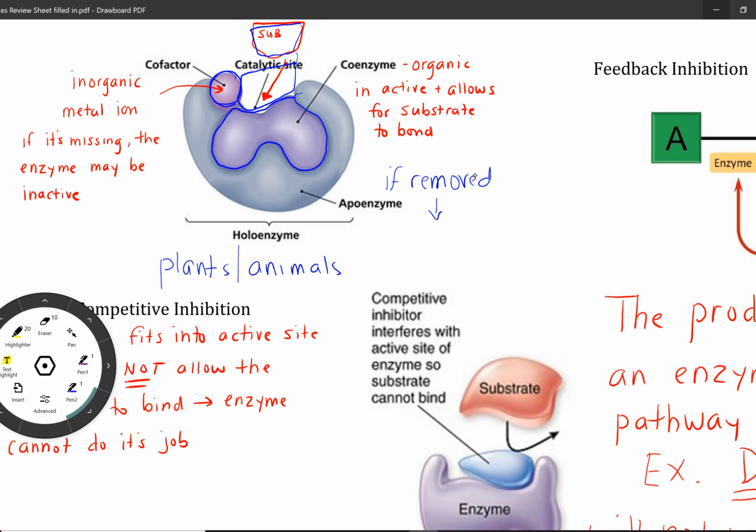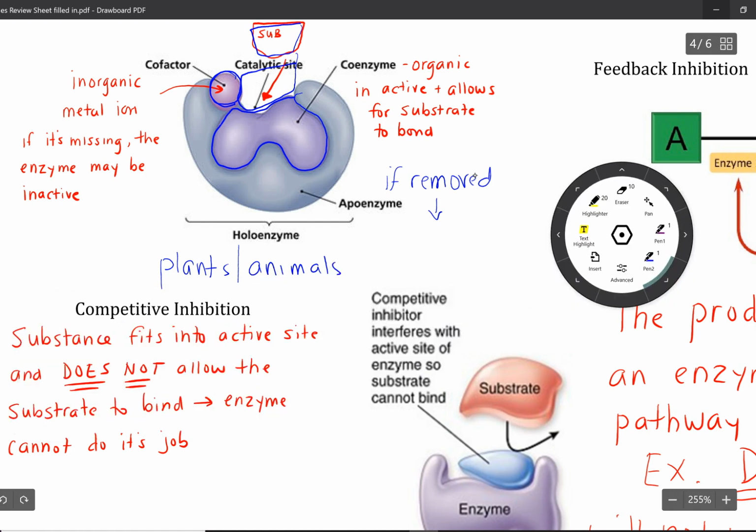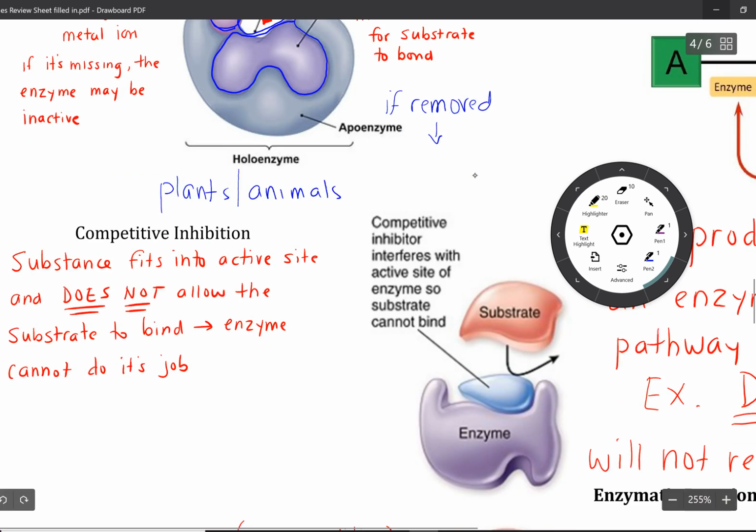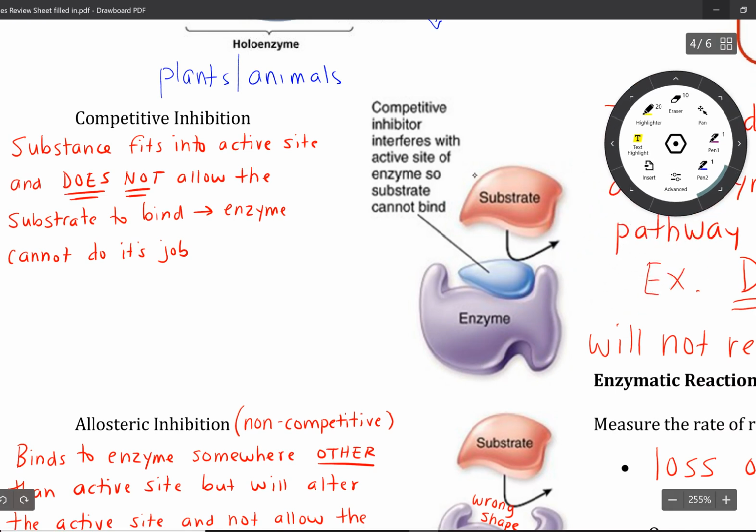All right, let's move our story down. Now, we already said before that if you put something in the active site, if it's a coenzyme, it's good. But what if it's not good? That is known as competitive inhibition. In this particular example, you can see that the enzyme is this purple-looking goldfish thing.